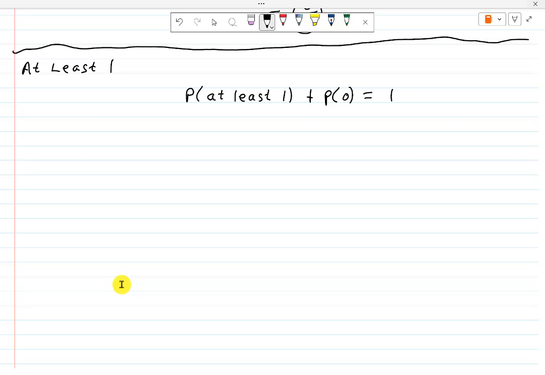Together, those two states, having none or having one or more, constitute 100% of the possibilities. So the probability of at least 1 equals 1 minus the probability of none. That's a better one than what I've used before.